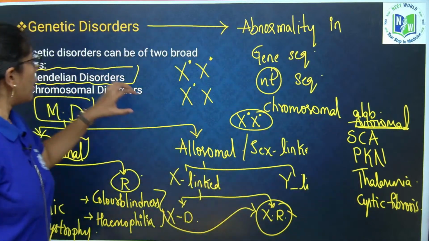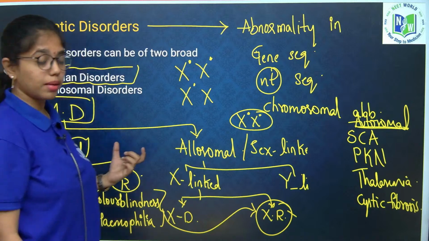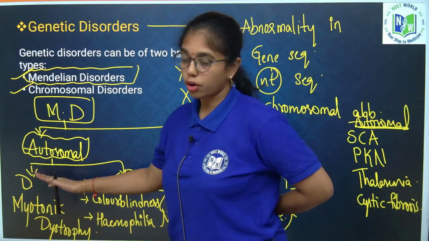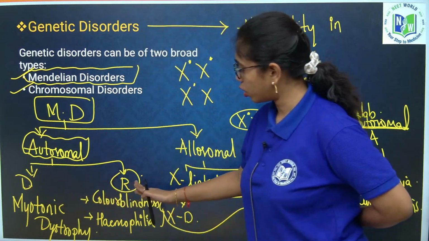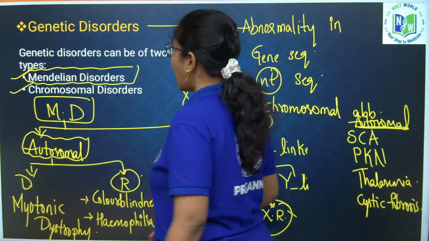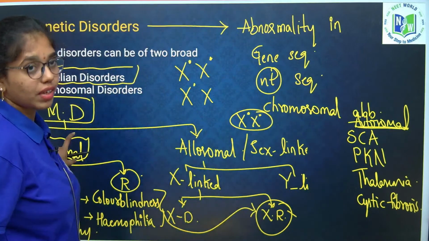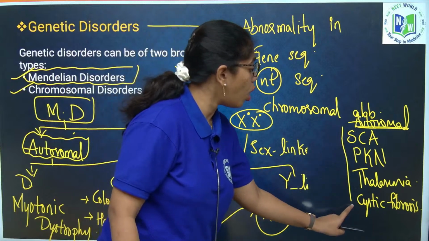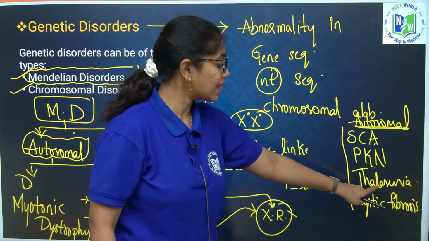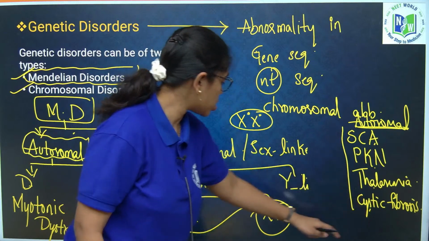So yes, Mendelian disorders are of two types, autosomal and allosomal. Autosomal disorders are of two types, autosomal dominant and autosomal recessive. Under autosomal dominant, myotonic dystrophy; and under autosomal recessive, sickle cell anemia, phenylketonuria, thalassemia and cystic fibrosis.